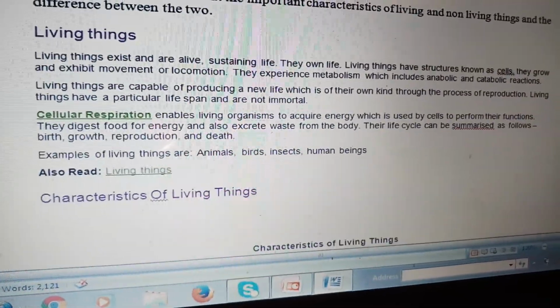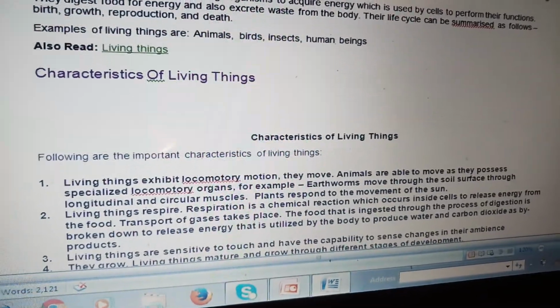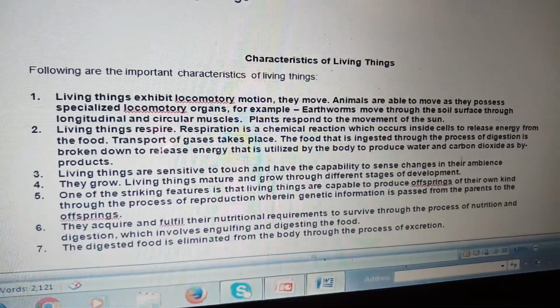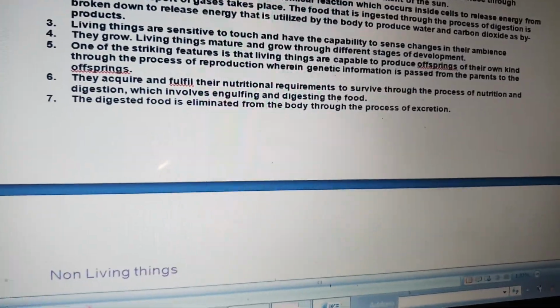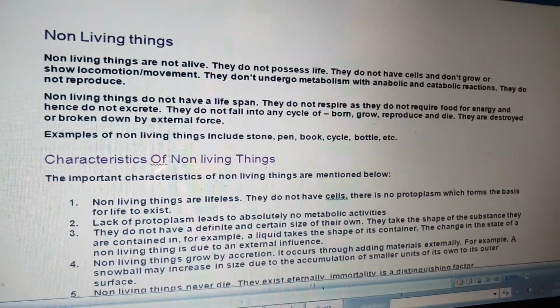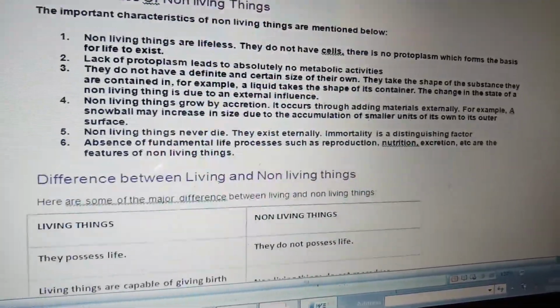So, characteristics of living things, as I explained: they have locomotory organs and we make movement, we do locomotion. Non-living things, as I explained, do not react to stimuli.